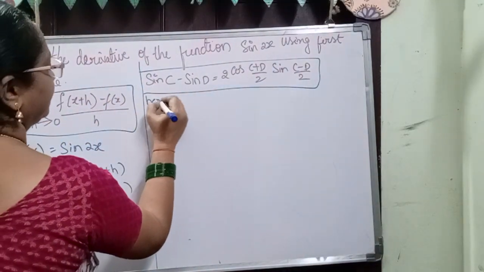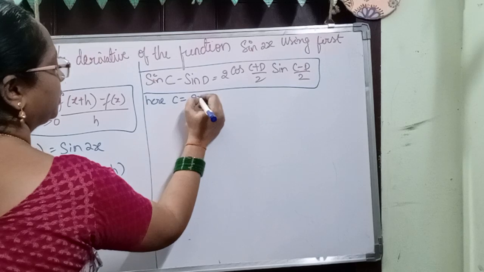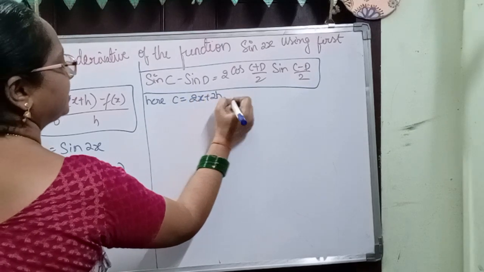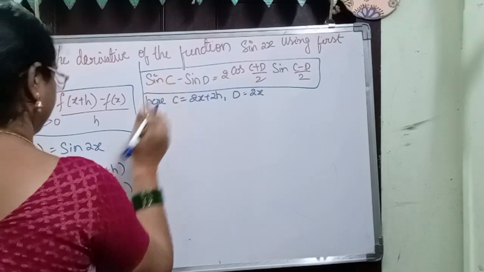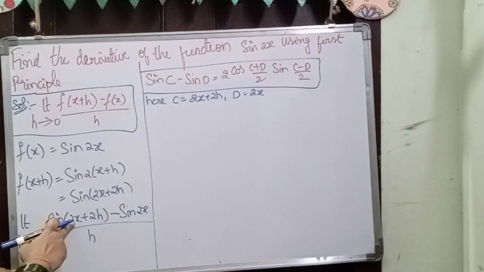So here c is 2x plus 2h, and d is 2x. Using this we have to write the first term in this limit.